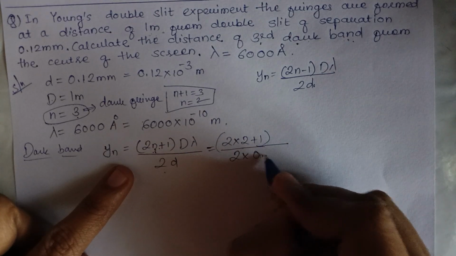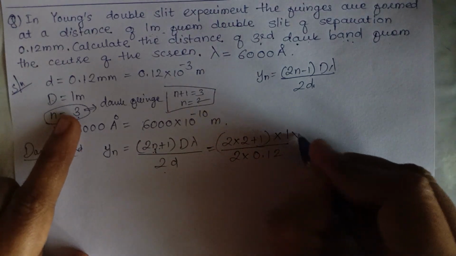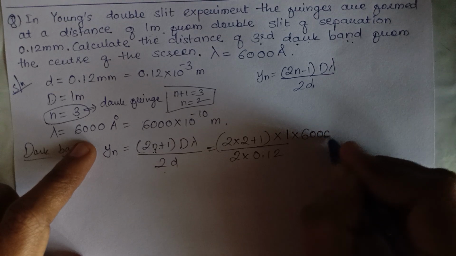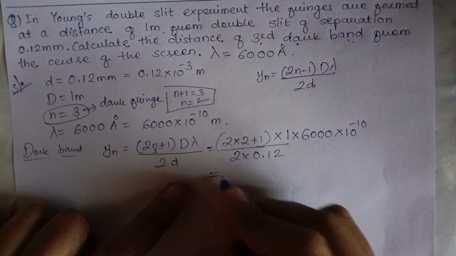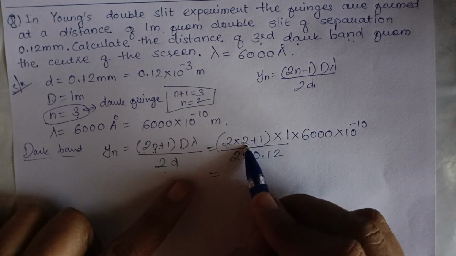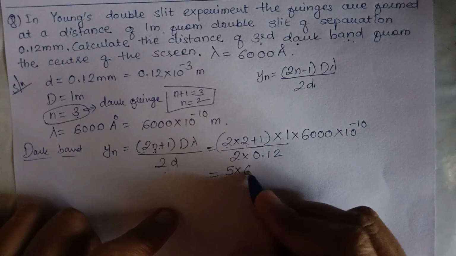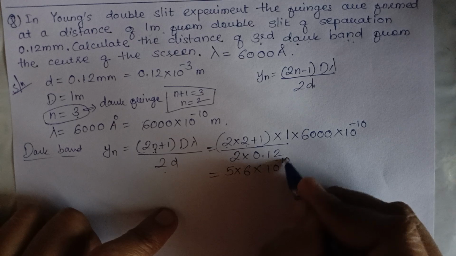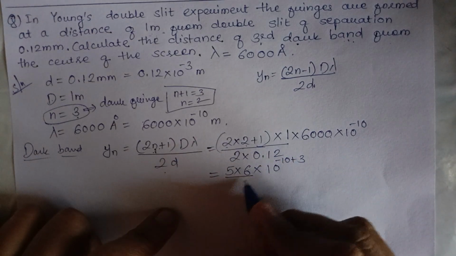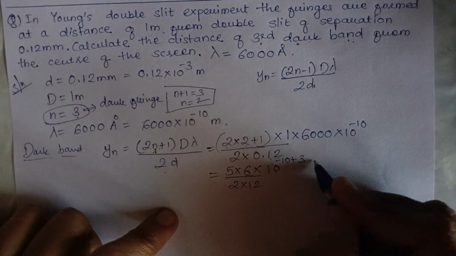d is 0.12. This is 1. 6000, 10 raised to minus 10. Okay. So this is 4 plus 1, 5 into 6, 10 raised to minus 10 plus 3. 2 into 12. This will be 12 divided by 100.